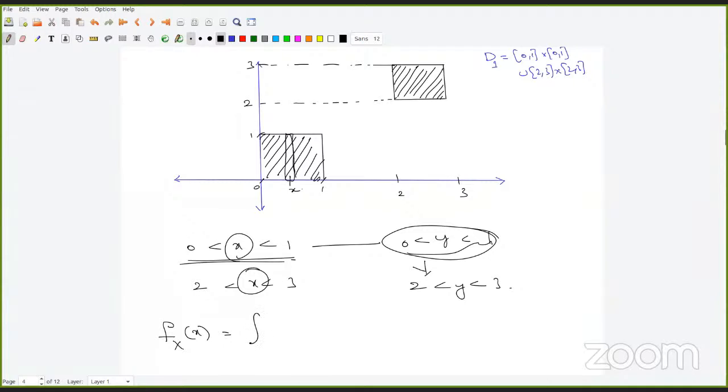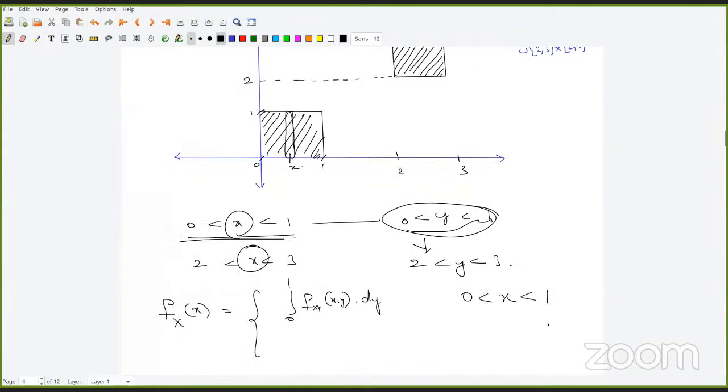So that will be the integral from 0 to 1 of f_XY(x, y) dy when x is in between 0 to 1. Now what if x is in between 2 to 3? What will be the limits of y? 2 to 3. So the integral from 2 to 3 of f_XY(x, y) dy when x is in between 2 to 3. So this is what it will be.